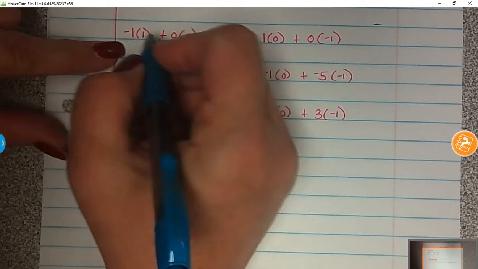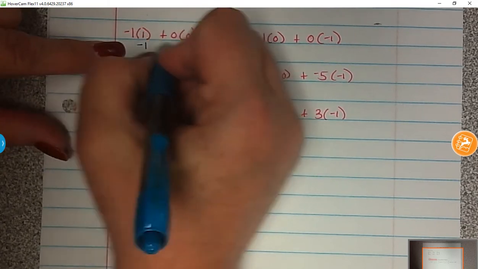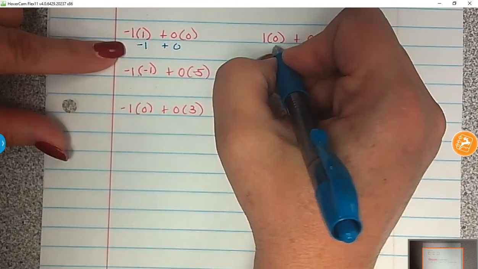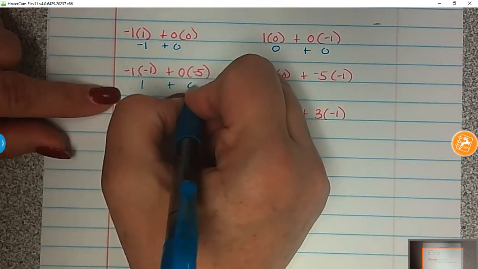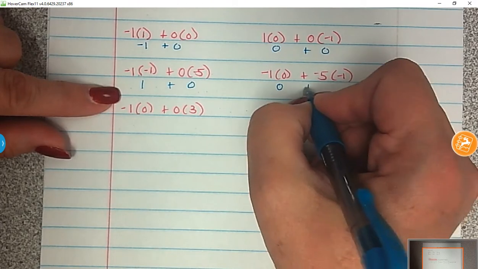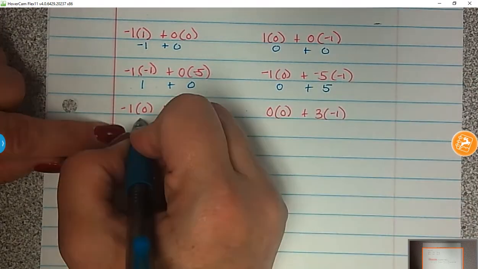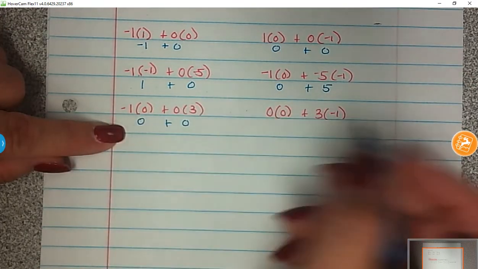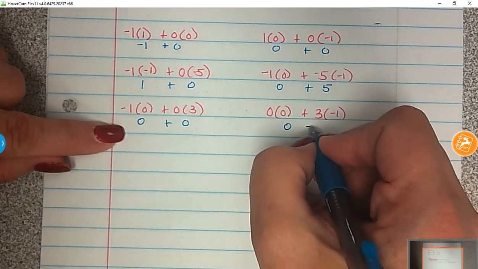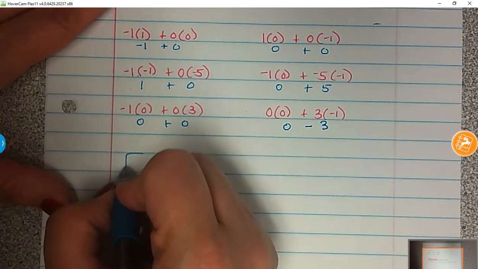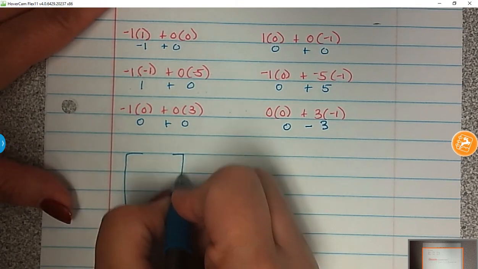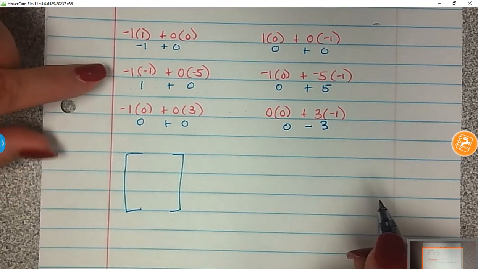So I'm going to go ahead and multiply. -1 times 1 is -1 plus 0. 0 plus 0. 1 plus 0. 0 plus 5. 0 plus 0, and 0 minus 3. So then I'm going to put my answer in a 3 by 2 matrix down here.